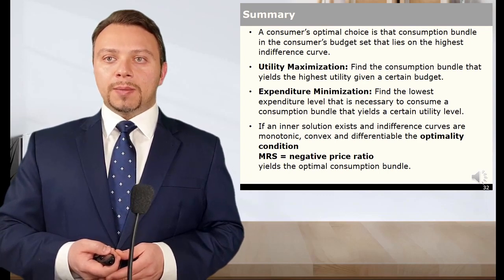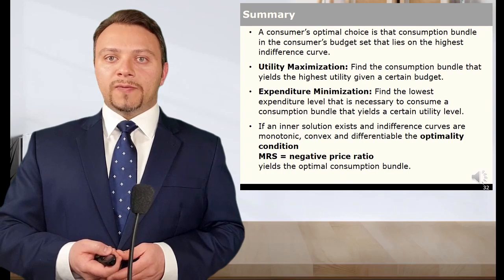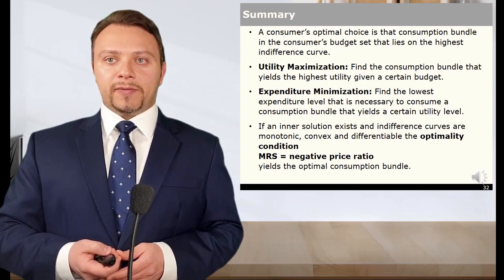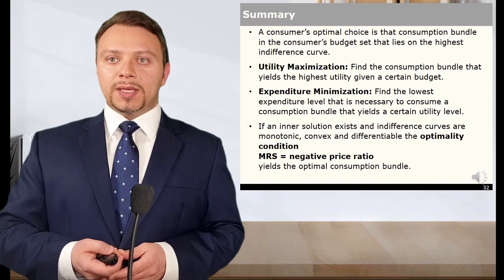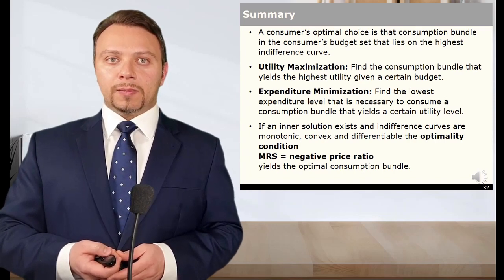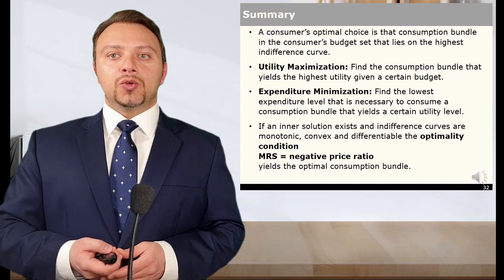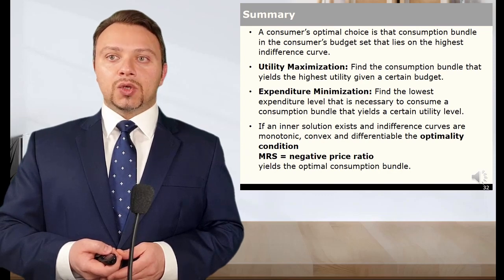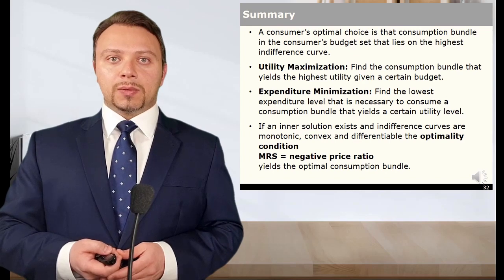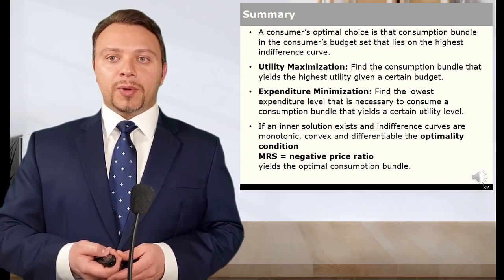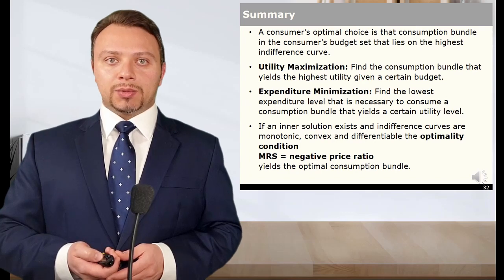With expenditure minimization, we mean to find the lowest expenditure level that is necessary to consume a consumption bundle that yields a certain utility level. If an inner solution exists and indifference curves are monotonic, convex, and differentiable, the optimality condition MRS equals the negative price ratio yields the optimal consumption bundle.